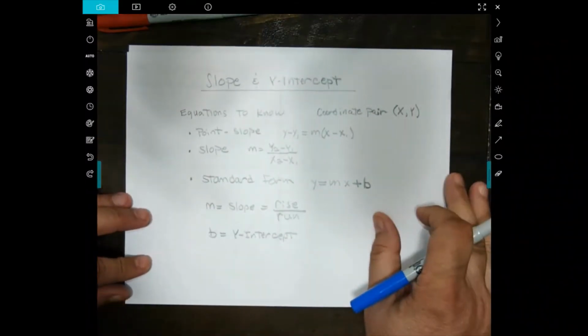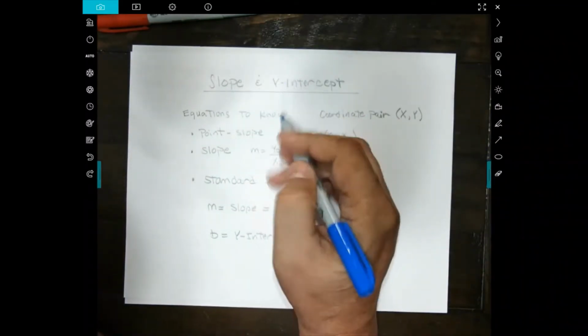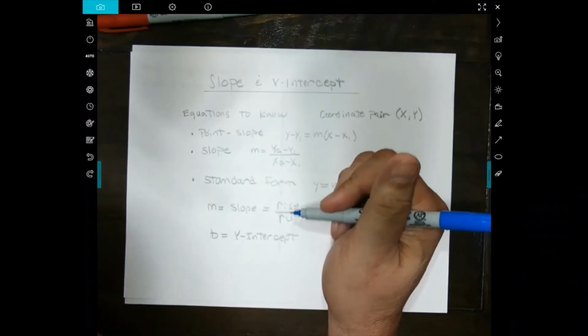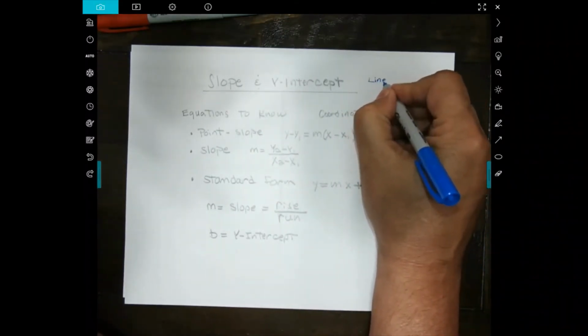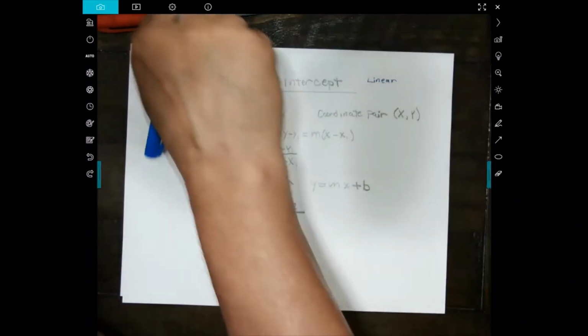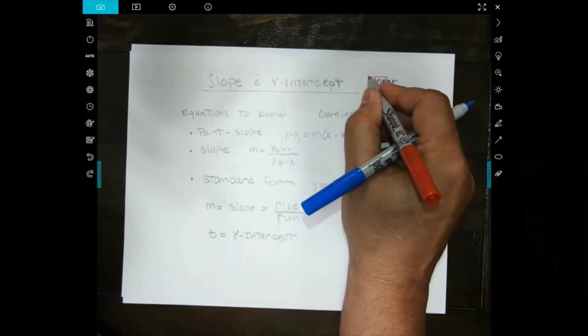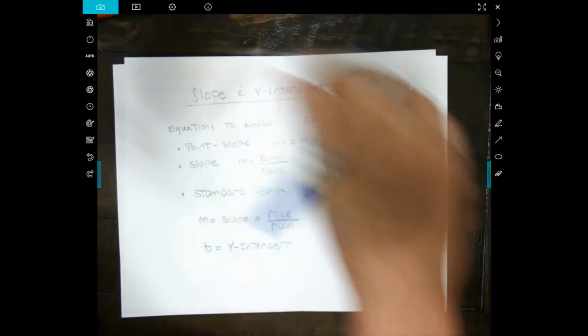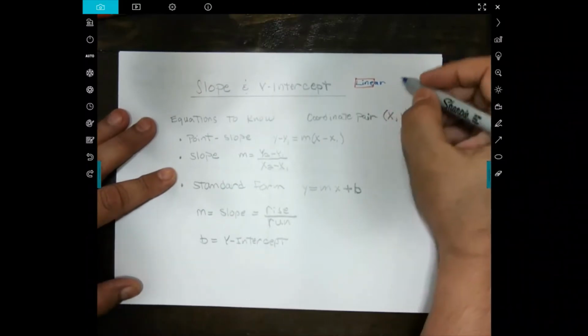What I have for you today is we're going to find the slope and y-intercept of linear equations. Remember, linear has the word line in it. That means a linear equation, when you graph it, makes a straight line.